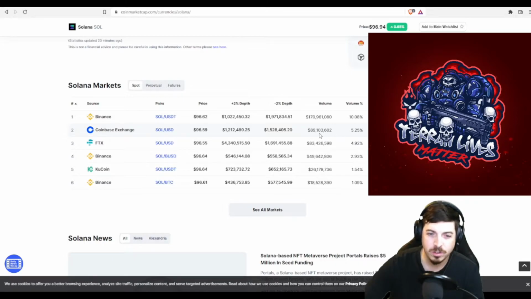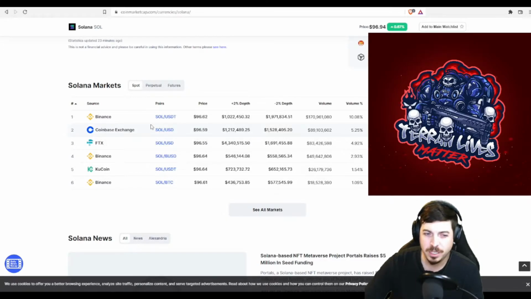And so the fluctuations in price may be greater than that of, let's say, KuCoin down here with only 26 million and 1.54% of the volume. So even though I would still probably make money, it's probably a safe bet with the bot and the way we know these bots function.